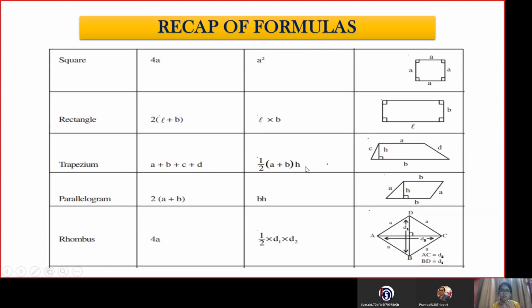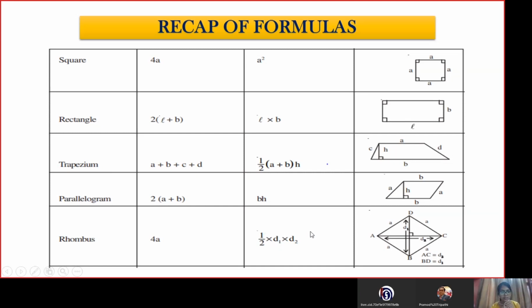Next, area of a parallelogram is base into height, and perimeter of a parallelogram is 2 into length plus breadth again. In a rhombus all four sides are equal, so how do you calculate the perimeter of a rhombus? 4 into side, and the area of a rhombus is half into diagonal 1 into diagonal 2.